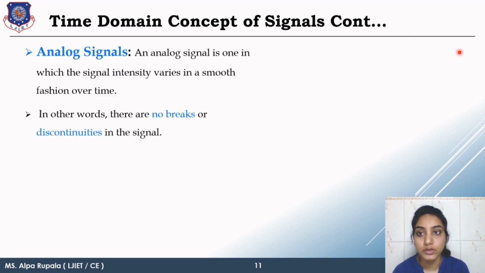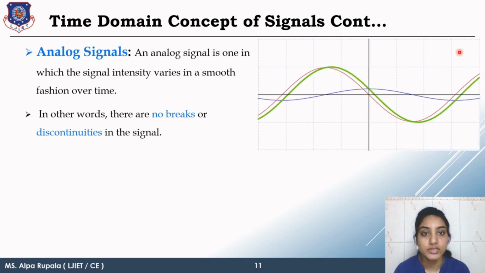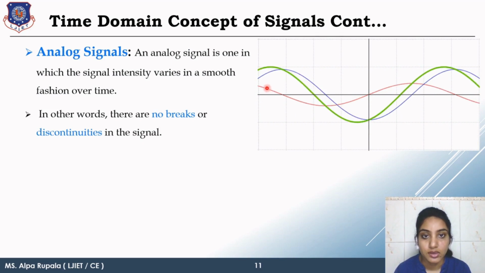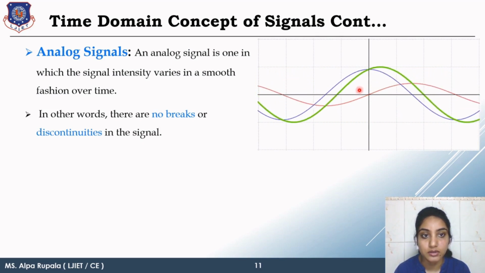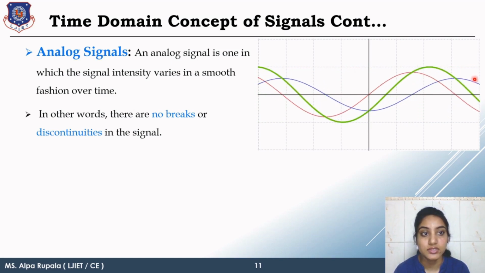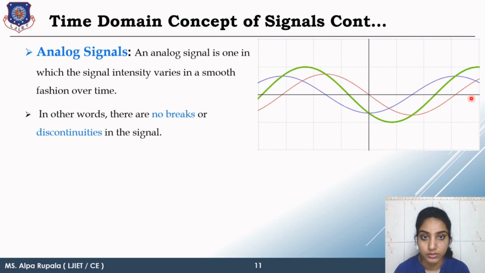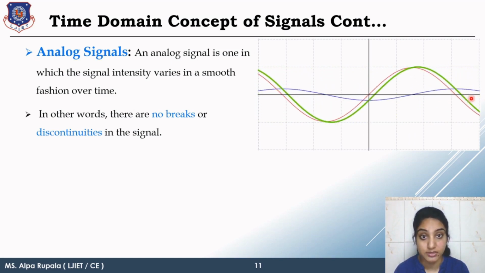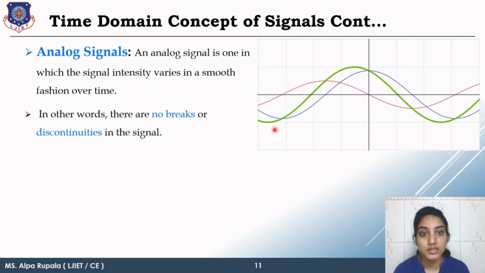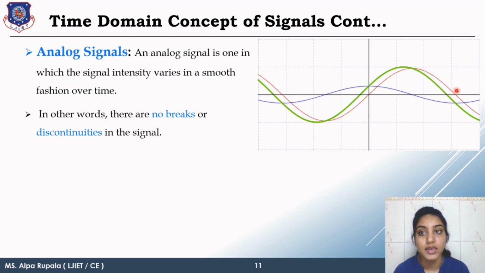First of all, what is an analog signal? As you can see in this picture, an analog signal is any form of signal in which we can calculate the strength of the signal at each interval of time, at micro intervals of time, I can say. The signal varies in a very smooth manner, and this is known as an analog signal.